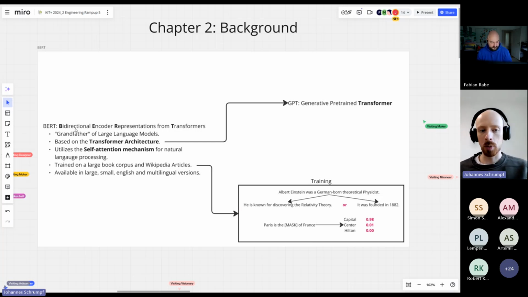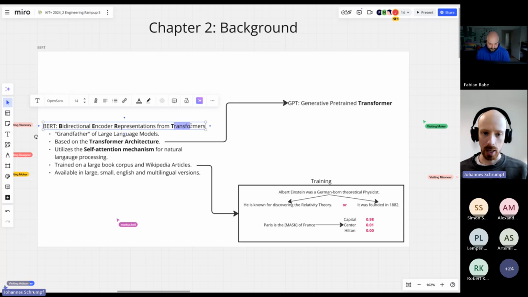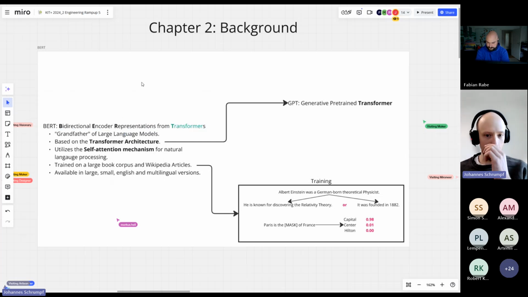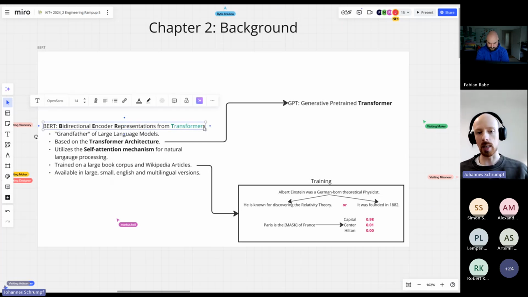But a little bit more to BERT. So BERT is the quote-unquote grandfather of large language models. Why is it the grandfather? Because when the paper came out that outlined this transformer architecture, this is the foundational architecture that all large language models use today. And it's actually also being used in other applications. But this is what basically gave us the ChatGPT breakthrough in 2022.